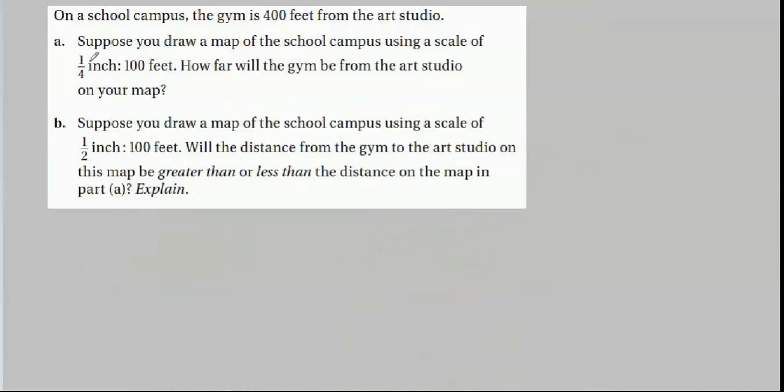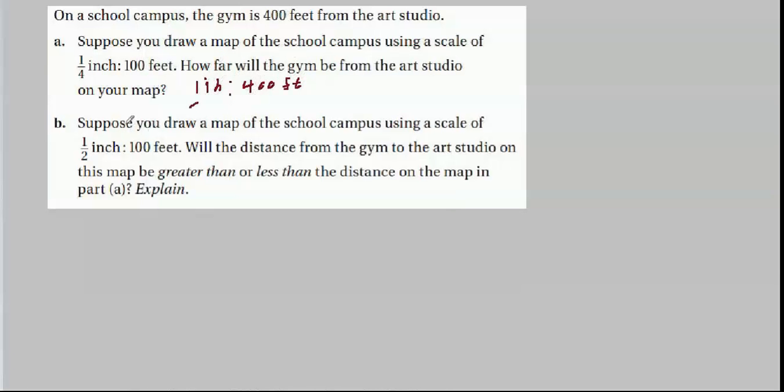If we multiply through by 4, we get 1 inch to 400 feet. And the question was, how far will the gym be from the art studio on your map if the gym is 400 feet away? Well, jeepers, we just created a scale, 1 inch to 400 feet, which tells you the answer immediately. It's 1 inch.